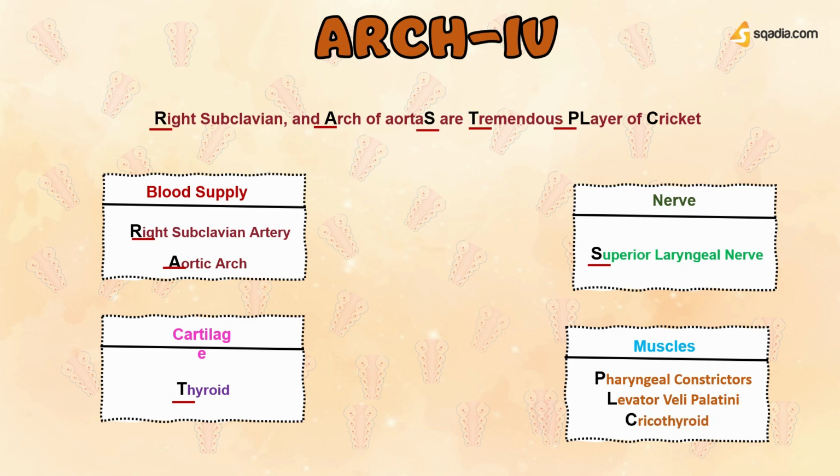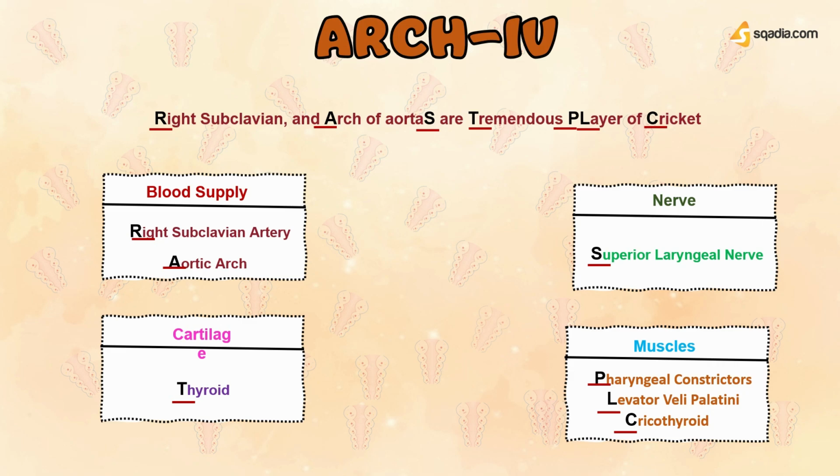So, P in player indicates towards pharyngeal constrictors. L in player indicates towards levator veli, and C in cricket indicates towards cricothyroid.